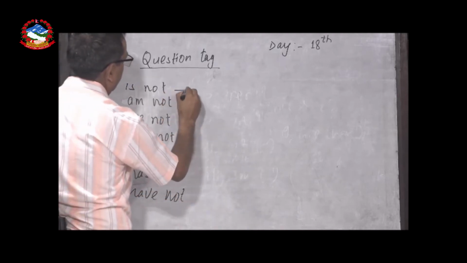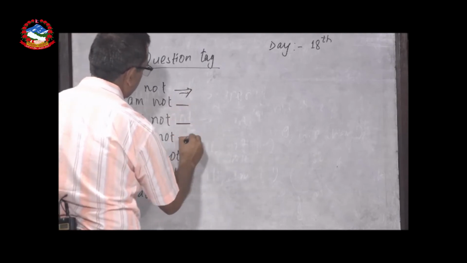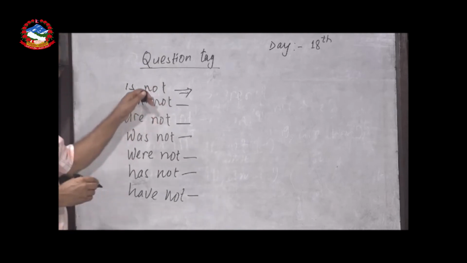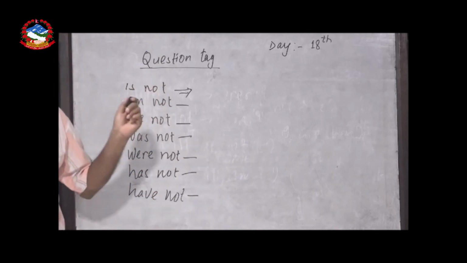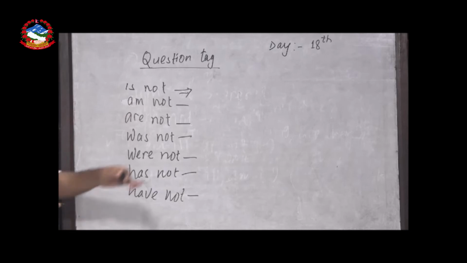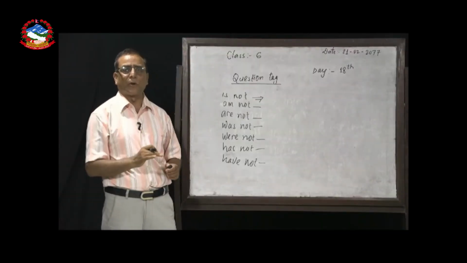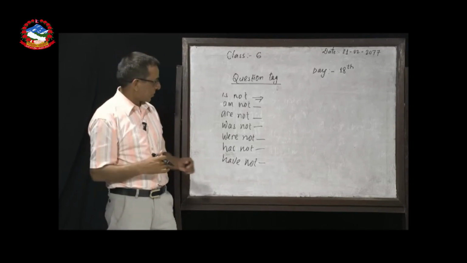Okay, now let's see here. These are called the auxiliary verbs with not. Then how do we make them subtracted? The tags should be in subtracted form in tag questions.